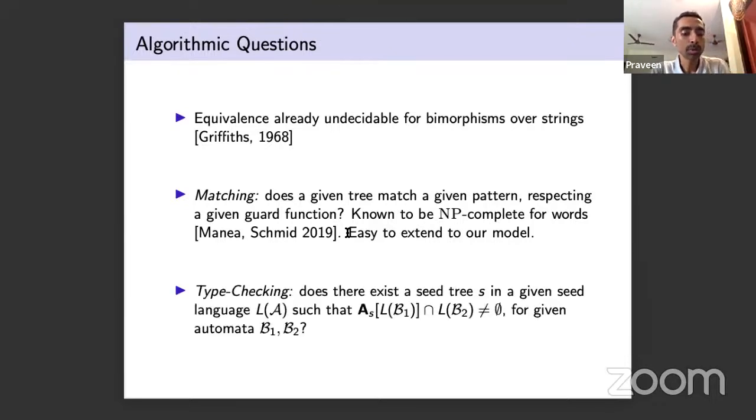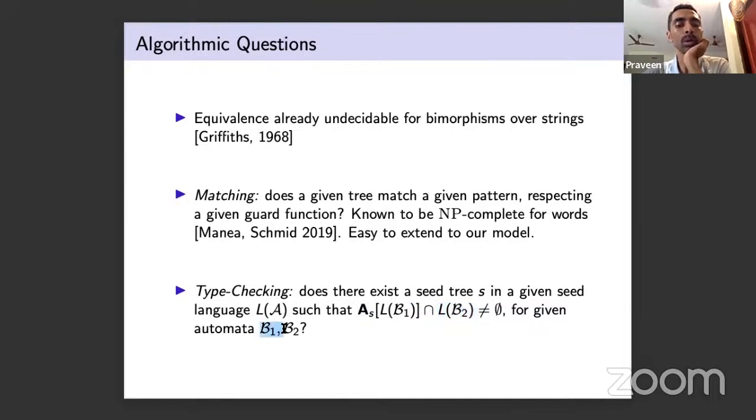And then we come to our central result, which is the type checking problem. Here the question is, does there exist a seed tree S in a given seed language L of A such that applying the resulting atomic action AS on trees from L of B1, where B1 is some given automaton, will result in some tree in another language L of B2?